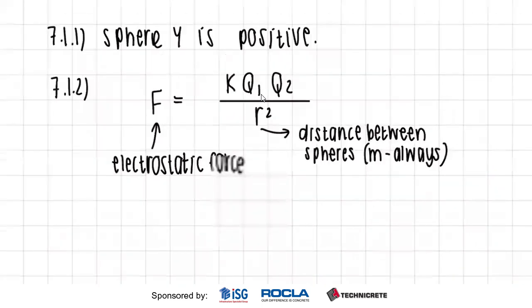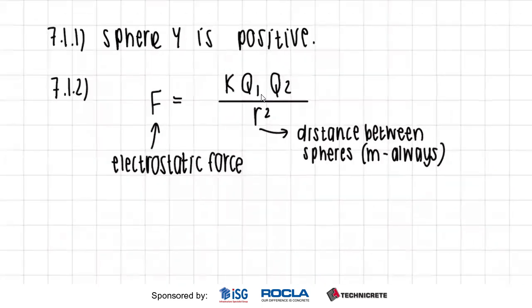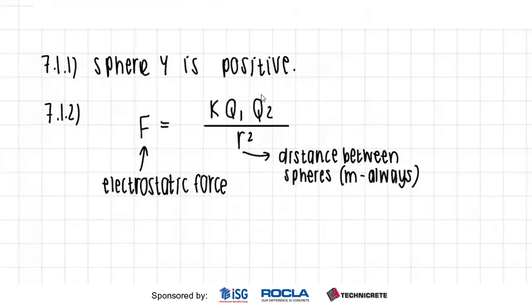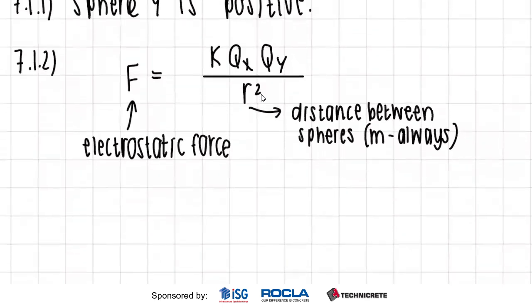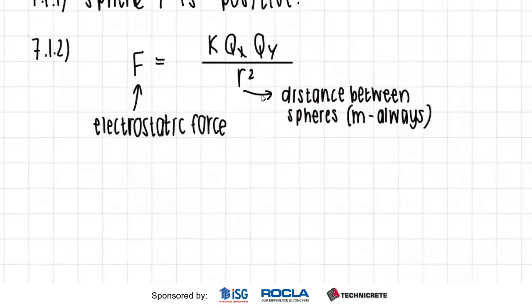Okay, so now we can put all of this in. We are looking for the charge on sphere Y. So we can say that Q1 is X and Q2 we can say is Y. You can put 1 and 2, you don't have to put X and Y, but it's going to make it easier to explain.